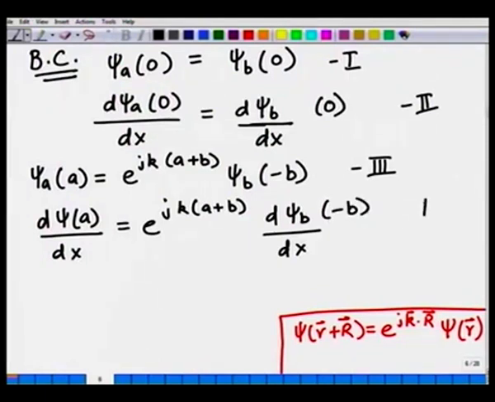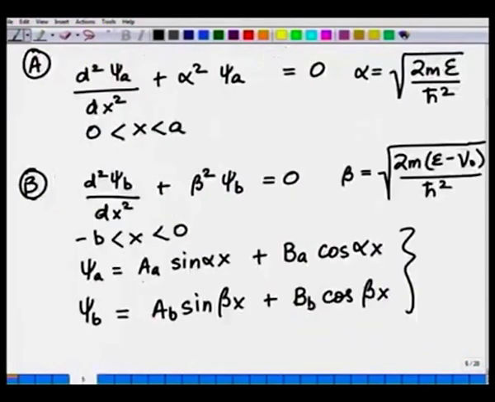These are the periodic boundary conditions, the consequence of Bloch's theorem: conditions 3 and 4, while 1 and 2 are the continuity at x equal to 0. So, these are the 4 boundary conditions, and I have 4 constants in there, which I need to determine, or I have to solve it as a characteristic value problem. Eigenvalue problem is what I may have to solve this as. So, let us start applying these boundary conditions.